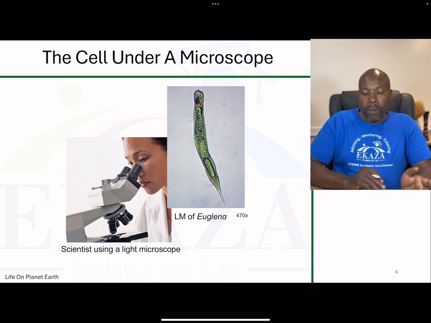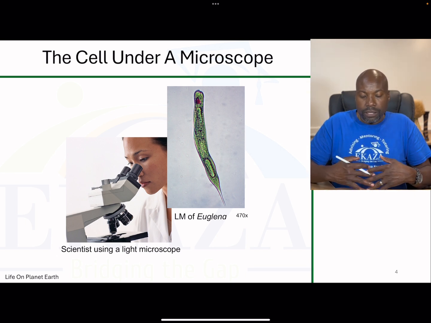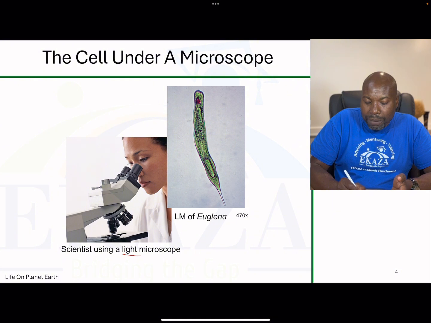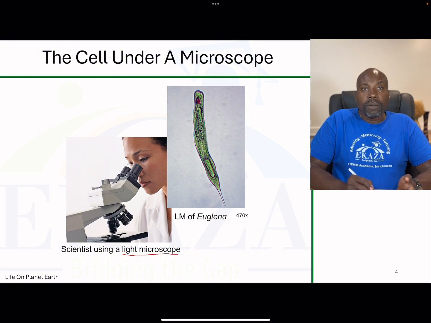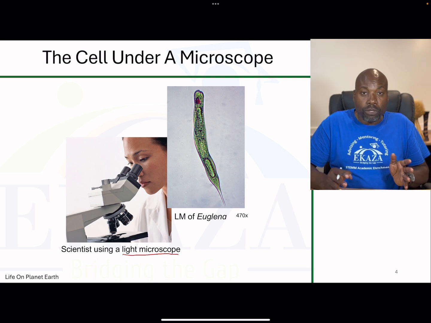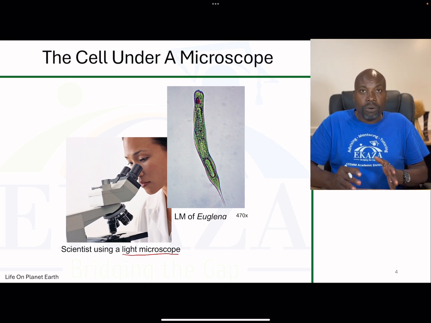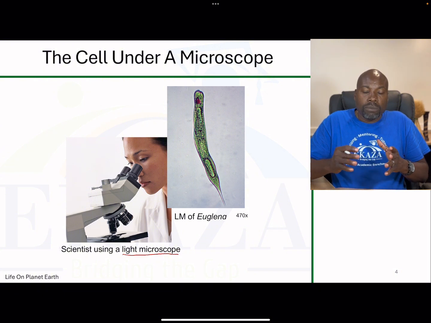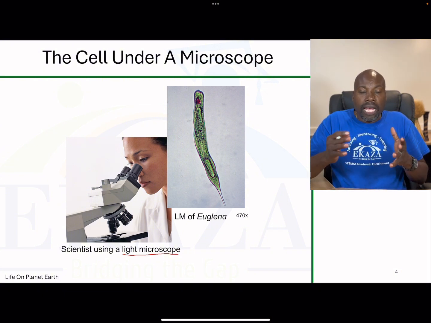Now, more common, the light compound microscope. Light compound microscopes are the most common microscope that you are going to see. With the light compound microscope, you can see organisms, cells.